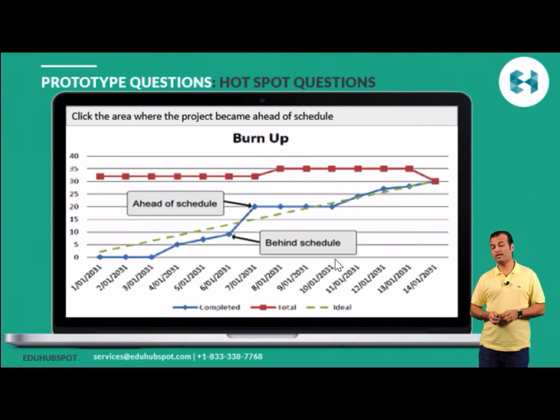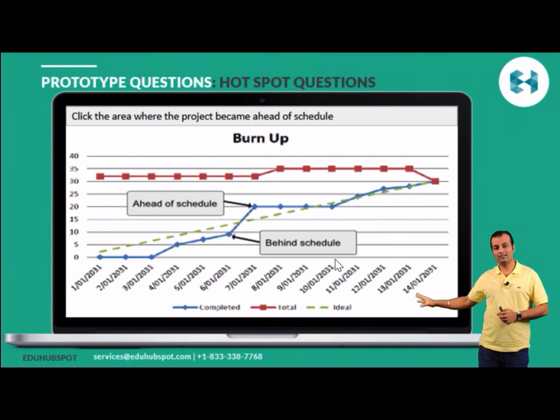Okay, fourth type, most important and something brand new, which is hotspot questions. What is this hotspot question? Something like this. Click the area where the project became ahead of schedule. So if you see over here, this is a burn-up chart. I'm pretty sure you are not aware of what a burn-up chart is. Okay, you may be aware, but I have not explained it to you, so please don't mind.